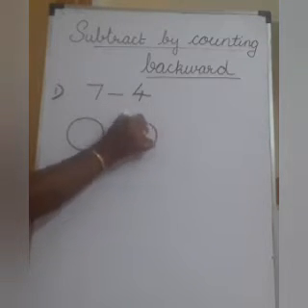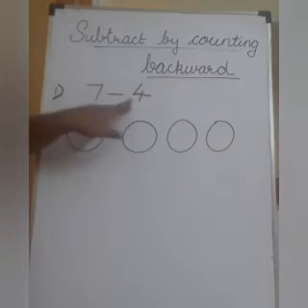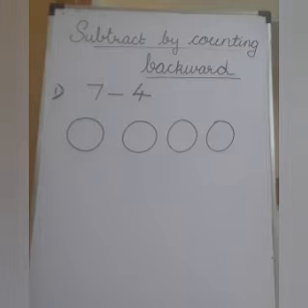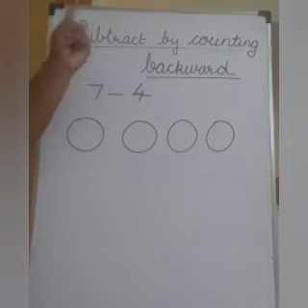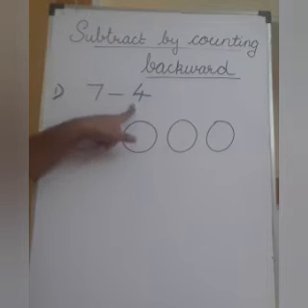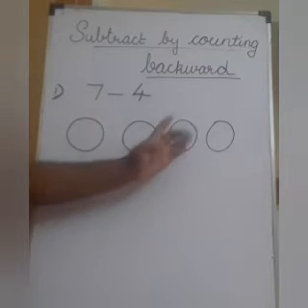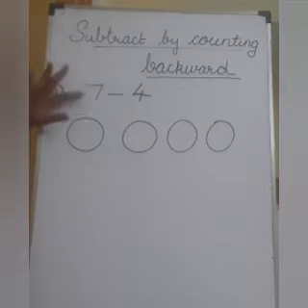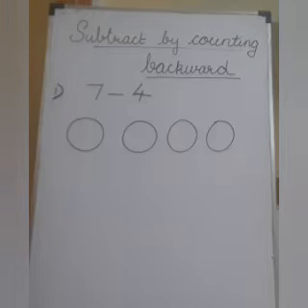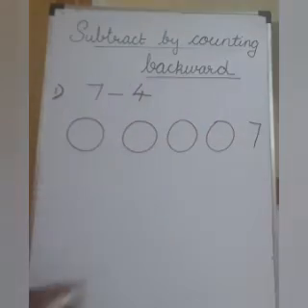We will draw 4 circles because the second number is 4. Then, look to the first number. It is 7. Let us write the first number at last.